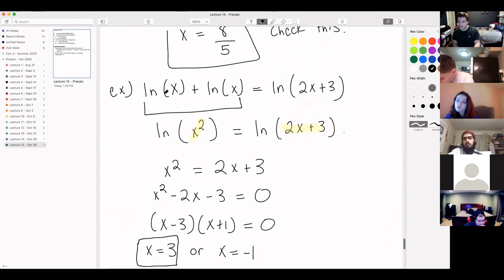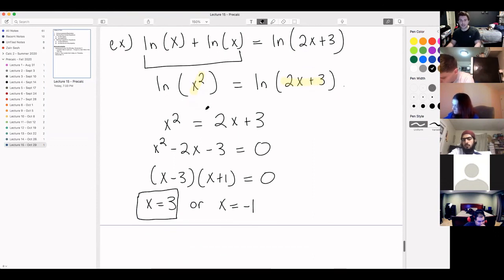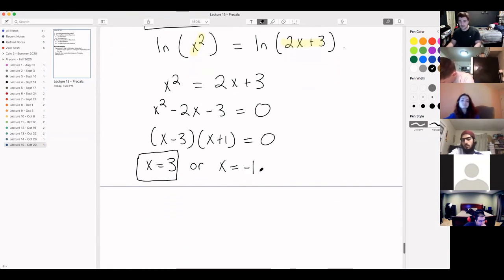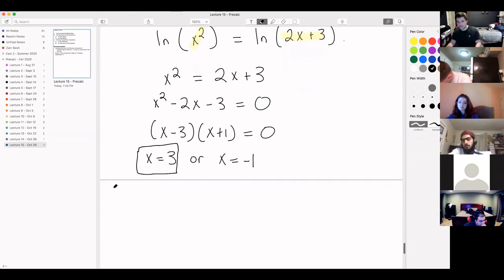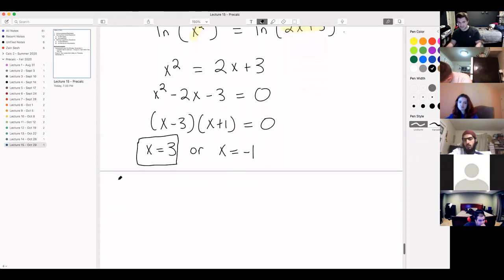Well, look what happens immediately. I will get ln of -1 plus ln of -1. No good. So that creates a -1 in the input of the logarithm. So I really want to just be explicit. x equals -1 causes natural log of -1.